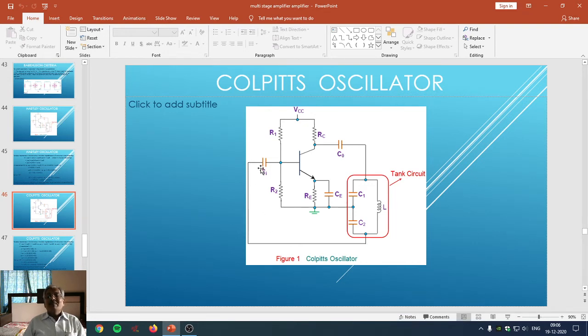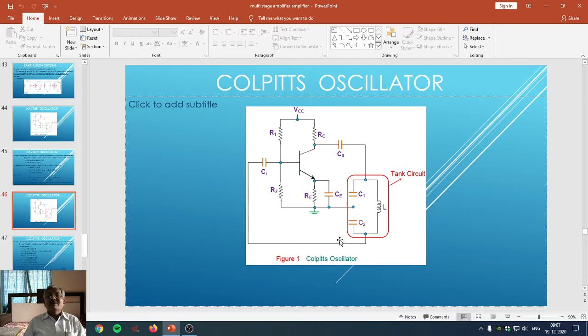When resonance occurs in this circuitry, that is, when the impedance of the tank circuit becomes equal to 0, the tank circuit generates the maximum frequency, called the maximum oscillatory radio frequency. The frequency of the Colpitts oscillator again depends upon the inductance L and the capacitors C1 and C2.